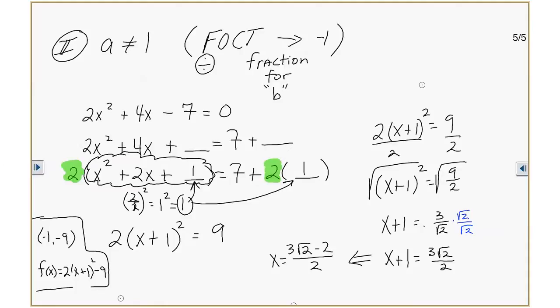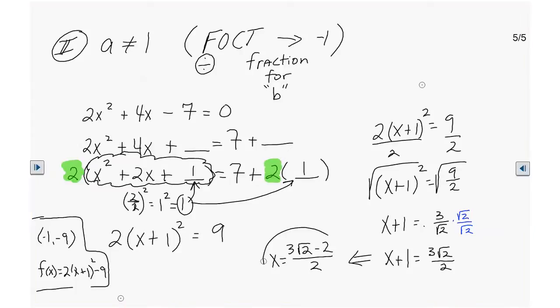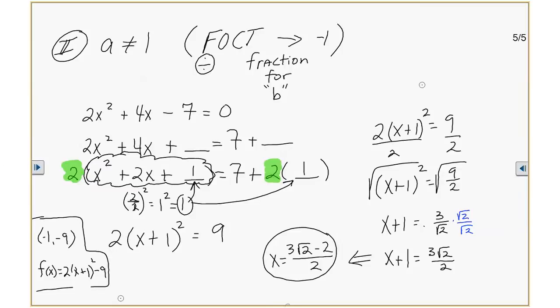Now at this point, this is probably the answer that they're going to want because it's exact. But I'm going to sketch the graph, so I'm going to do a little bit in my head. What's 1.41, or 1.4, times 3? 1.4 times 3 is 4.2, right?